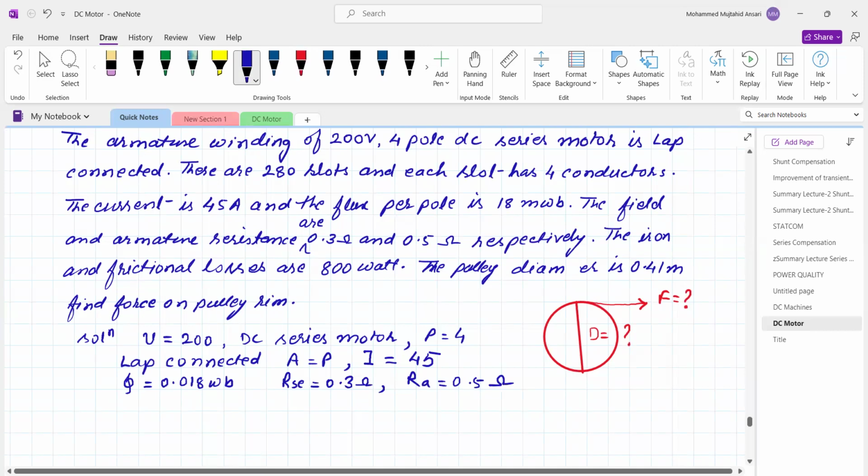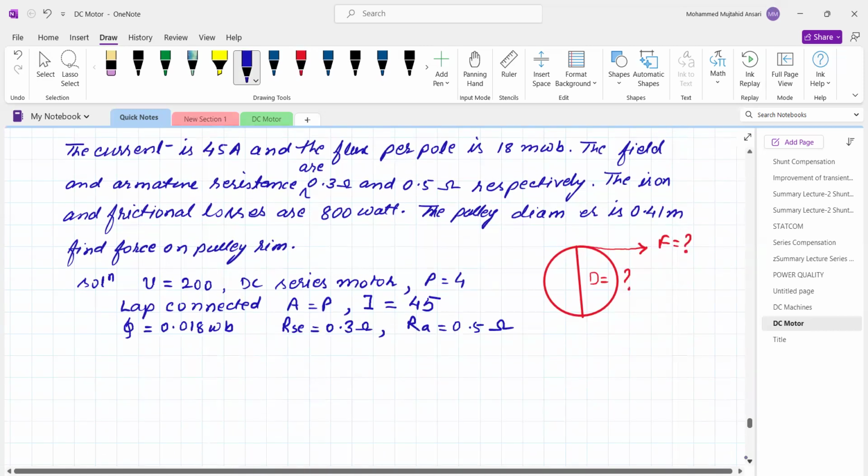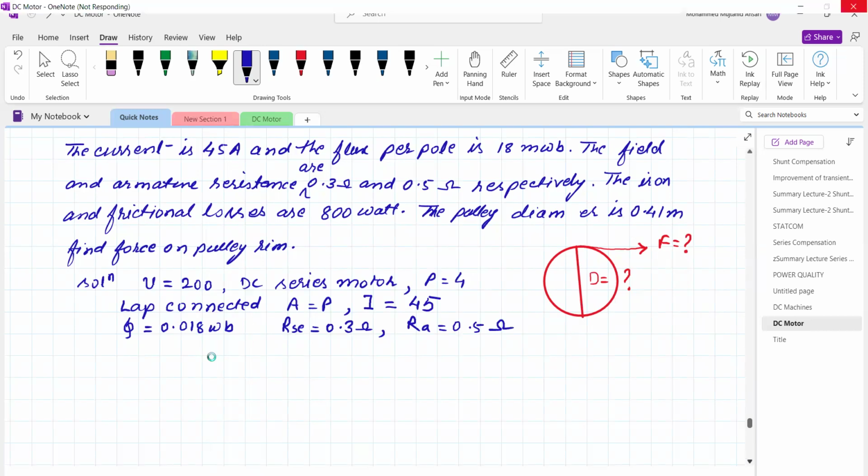The iron and frictional losses are 800 watt. Now we will start the example. First, we are going to calculate the back EMF. If we are able to calculate the back EMF, then it is possible to calculate the other parameters, like speed and all these things.